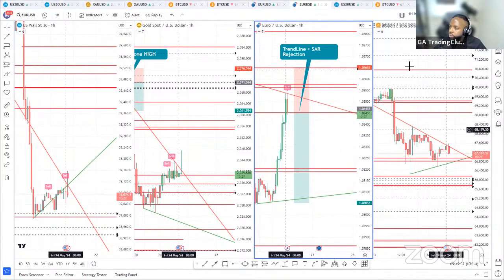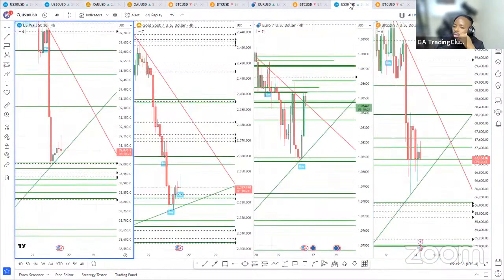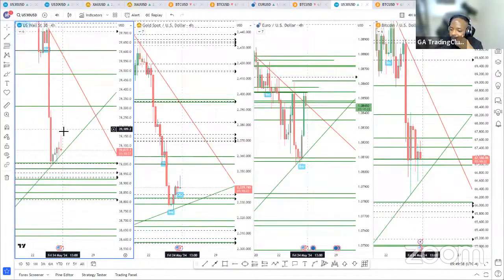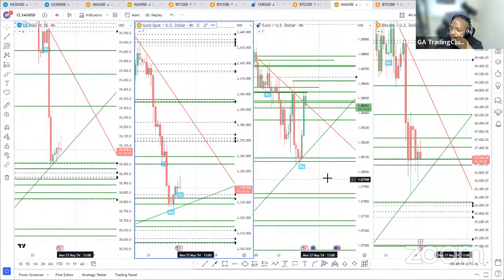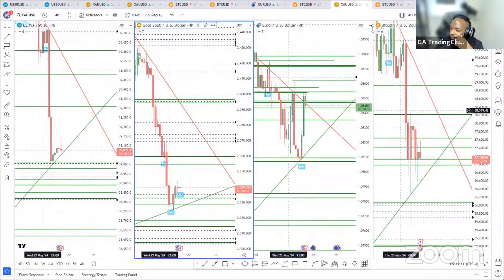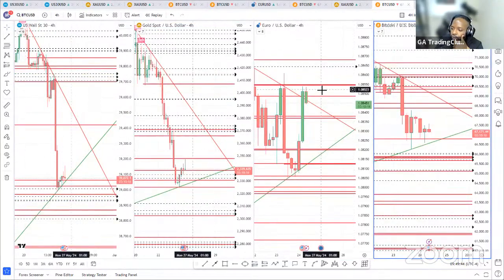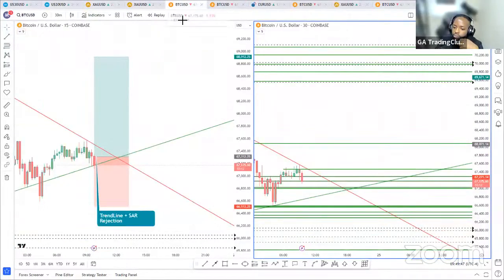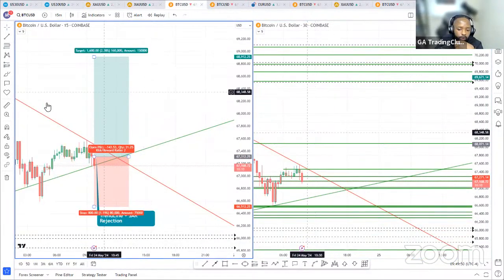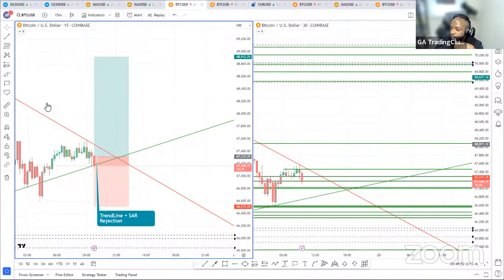So that's EU. So for the 4-hour time frame, no buys that I can see. And for sales, no sales that I can see here on the 4-hour. So just follow what we have here.